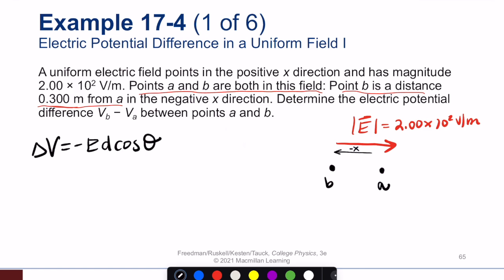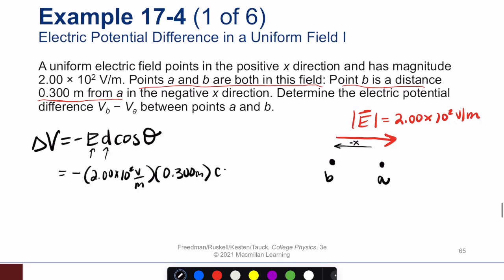Delta V. And so let's fill in the blanks, okay? Well, magnitude goes here, magnitude goes here. So delta V is going to be negative 2 times 10 to the 2. And then the distance traveled was 0.3 meters. And so now we need to figure out what theta is going to be for that move.